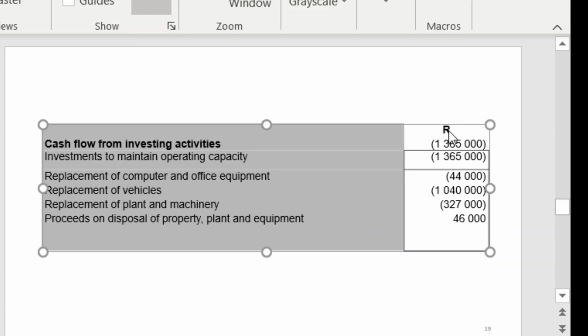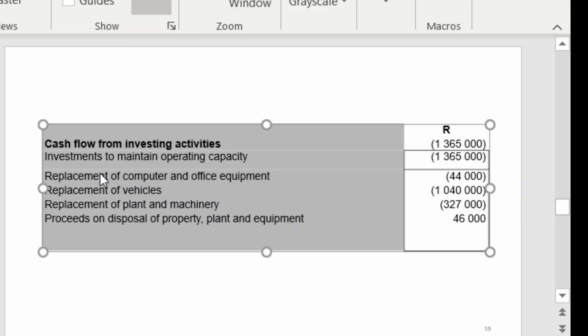For now, we don't need to worry about the amounts. Let's worry about what is disclosed under cash flow from investing activities. It's all about replacement and proceeds. There was no acquisition. Where do we get this information from?